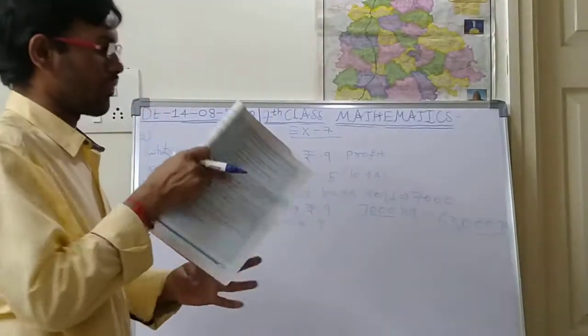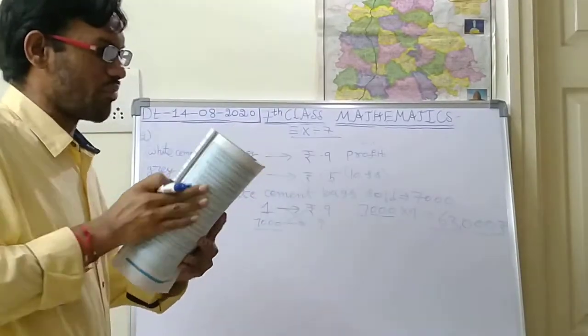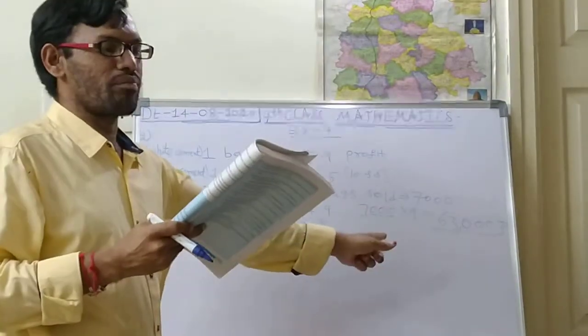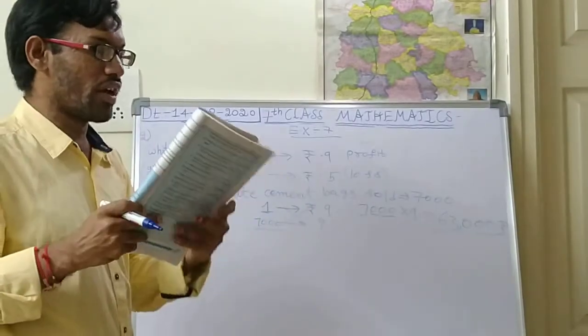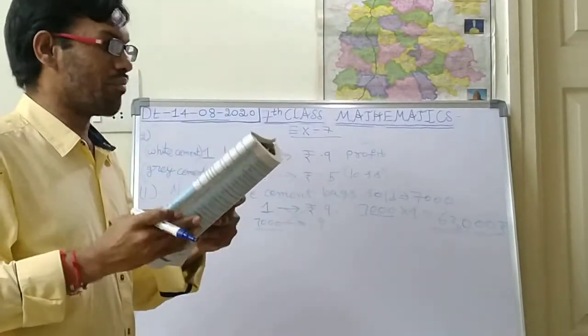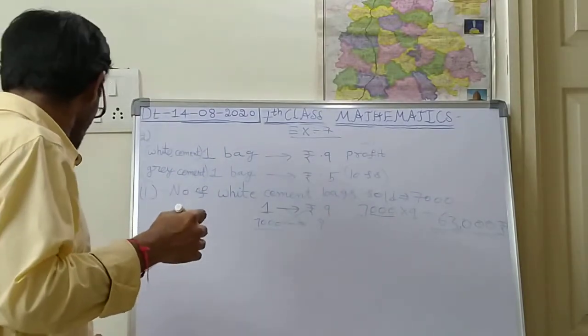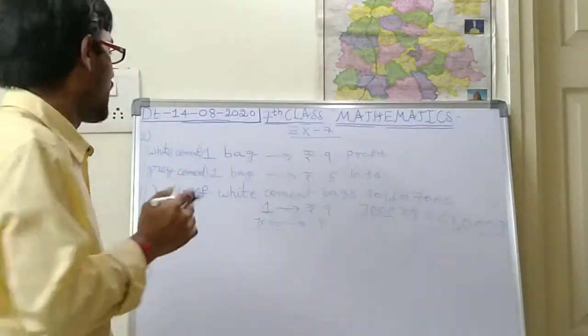Okay, next. The company sells 7,000 bags of white cement and 6,000 bags of grey cement in a month. So they are selling 6,000 bags of grey cement.